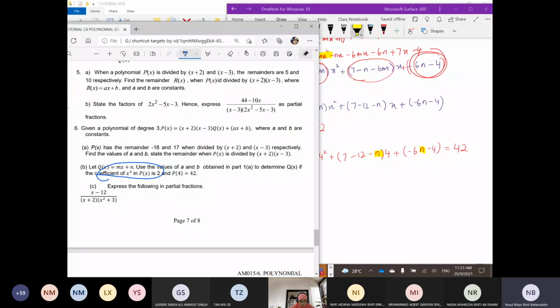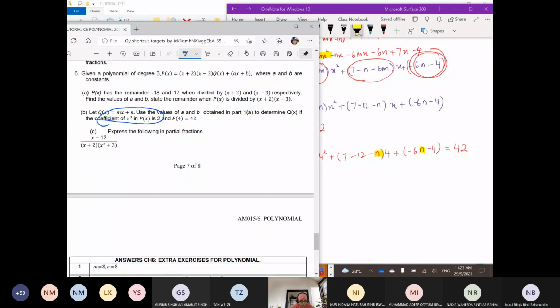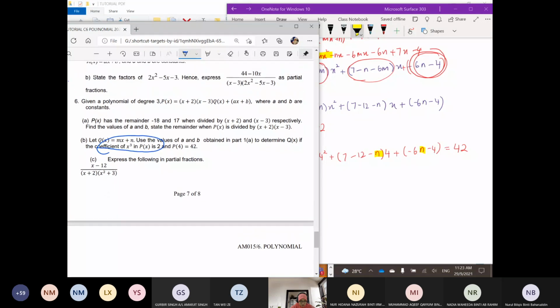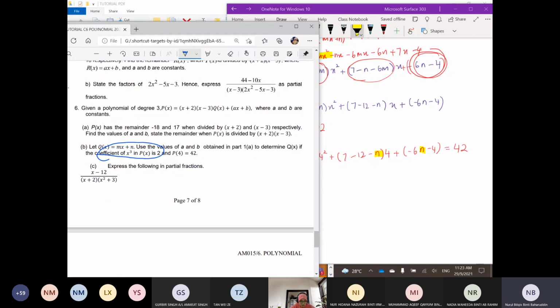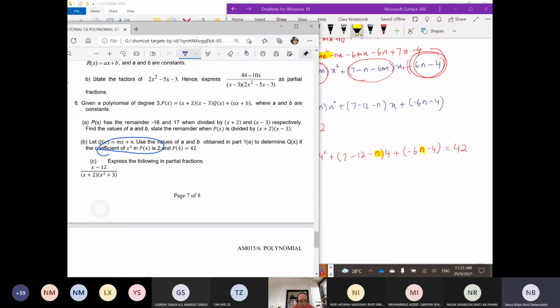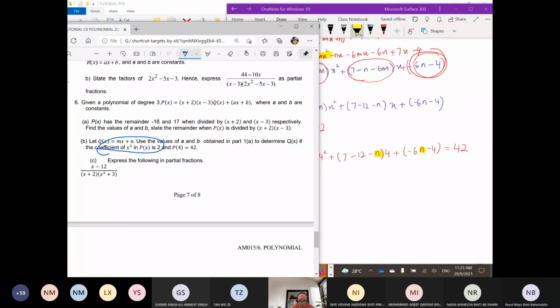Use the values of a and b. Let Q(x) equals to mx plus n.